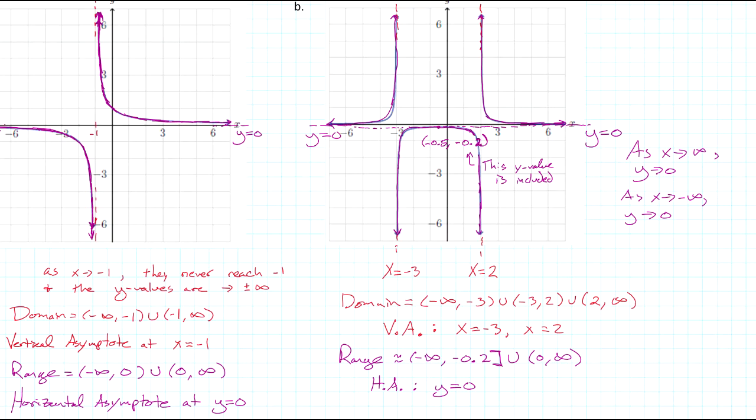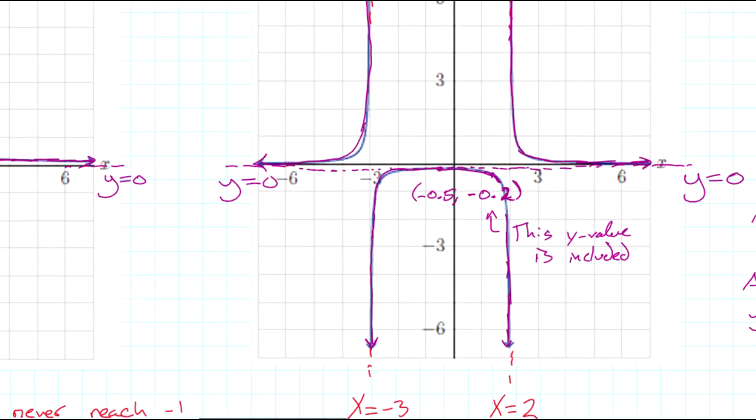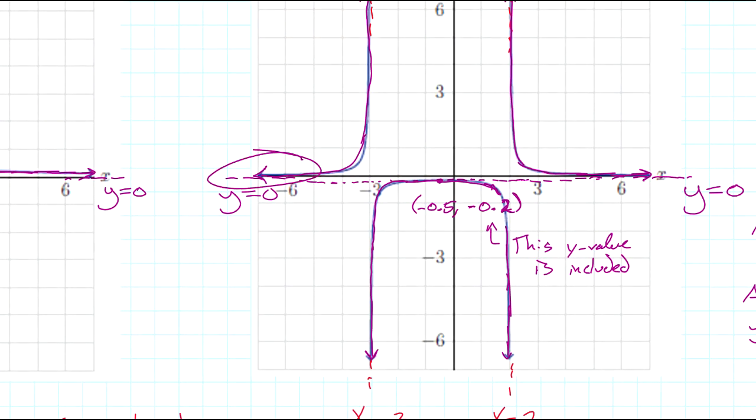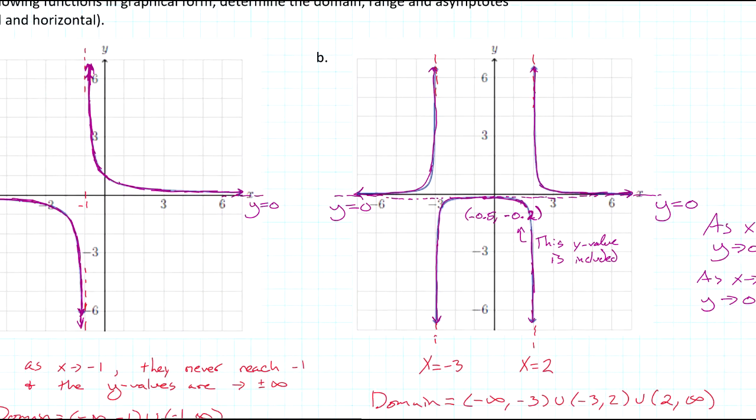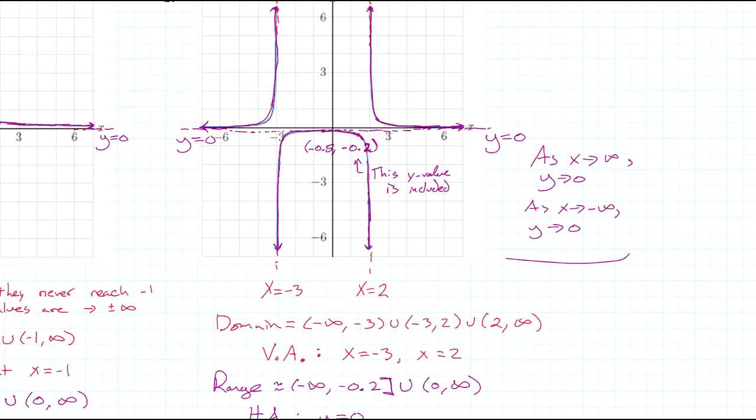Our graph is not. So the horizontal asymptote is what's happening as x is going out to the sides. It's not what's happening in the middle here. So the only horizontal asymptote is happening as x goes out to plus or minus infinity, what I was noting over here on the right. So we have a horizontal asymptote of y equals 0.